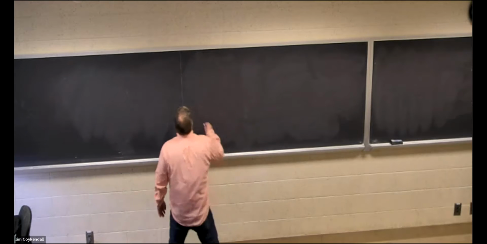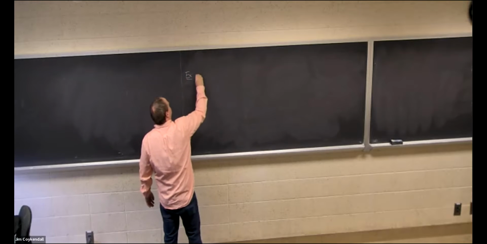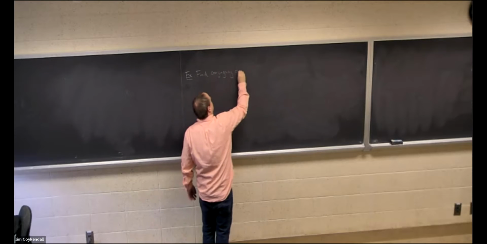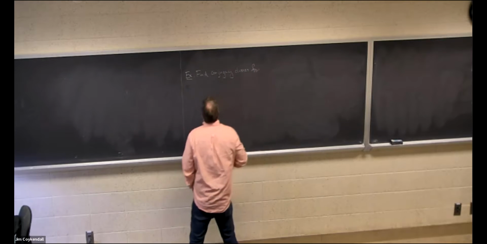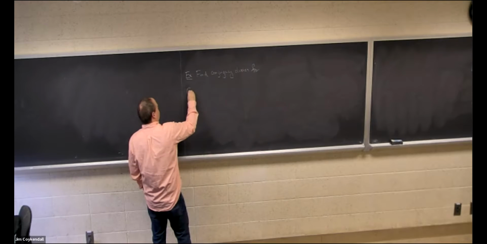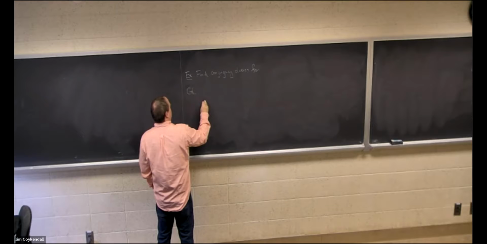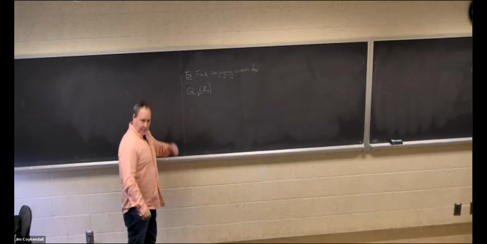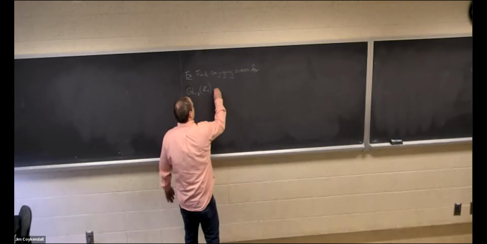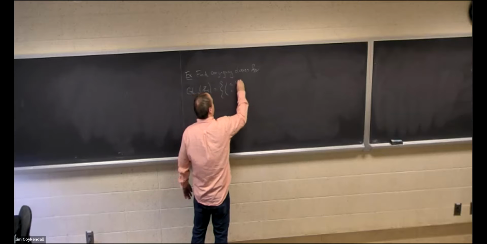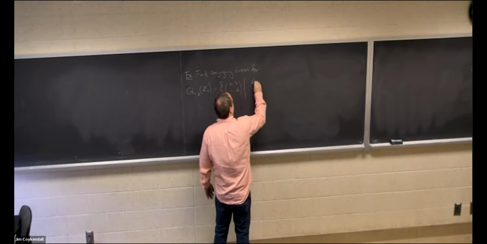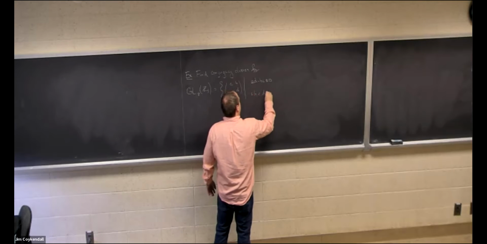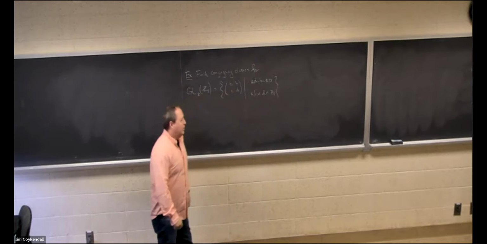So here's the example. GL, so this is the set of, just to be clear, A, B, C, D. Just 2x2 invertible matrices over C5.